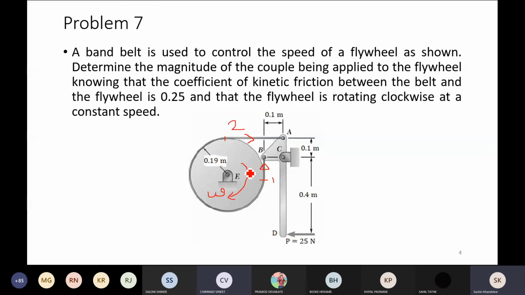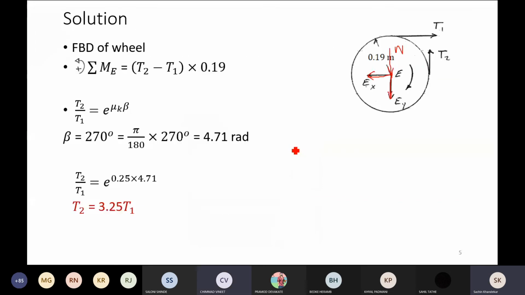Yes, sir. So which side is the tension side, whether first or second? No doubt, this will be your tight side, T2, and this will be your T1, the slack side. Got my point? That is what is shown here. So this is T2.